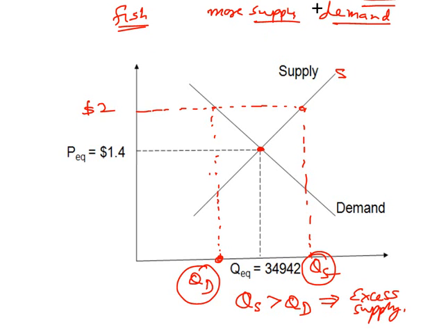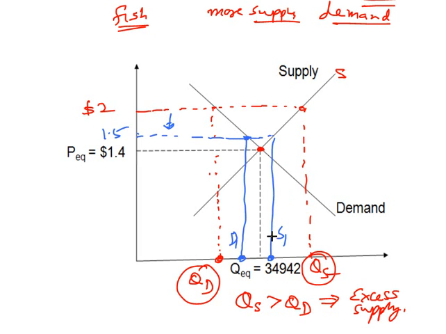People will start paying a lower price, or the supplier will say, okay, give me a lower price. Because the demand is lower than the supply, you will pay a lower price. Let's say you start paying $1.5, but at 1.5 this is the demand D1 and the supply at this point is S1.